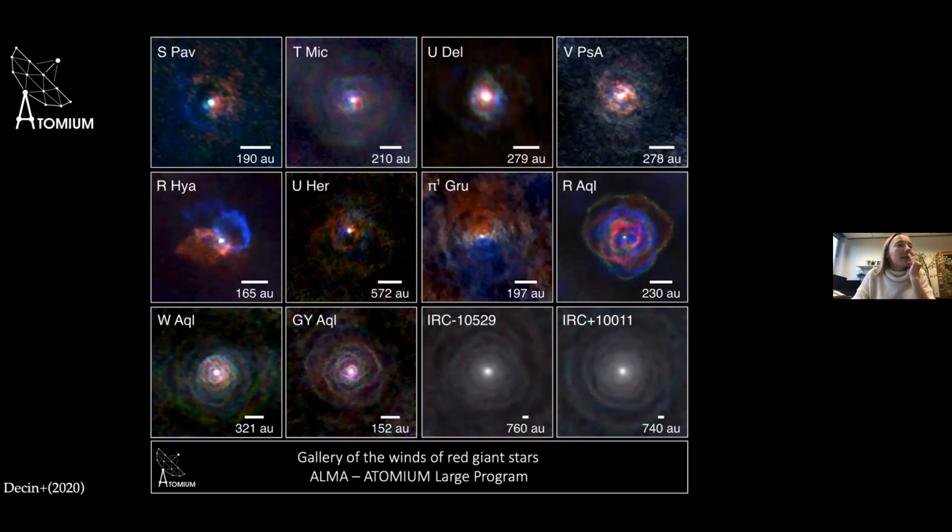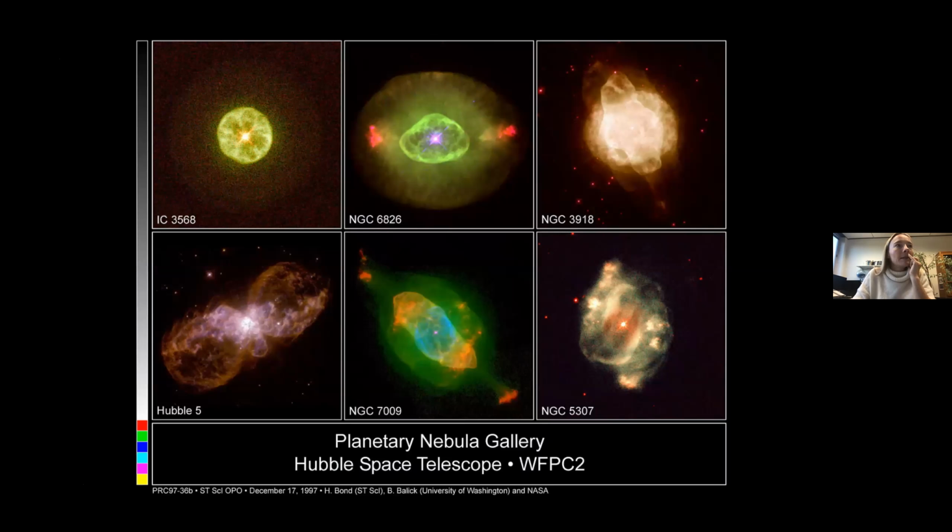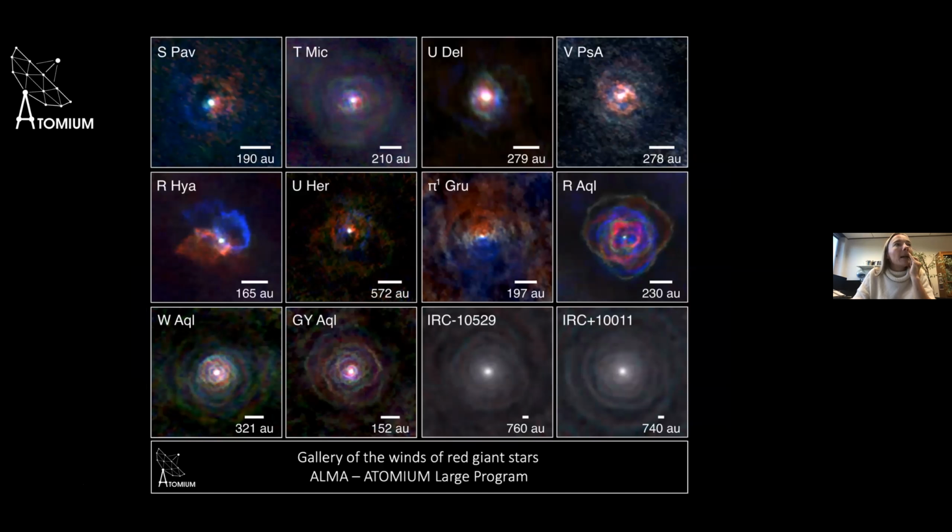And what you can see here is a gallery of the winds of red giant stars, so AGB stars. And if I show you again this picture of the planetary nebulae, you see quite a lot of similarities in morphologies between these planetary nebulae and the winds of these AGB stars.